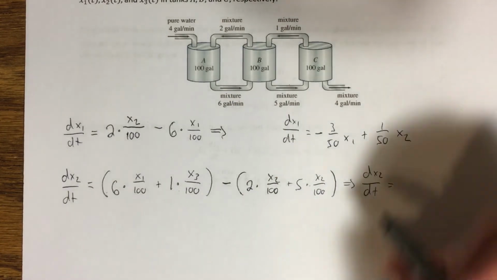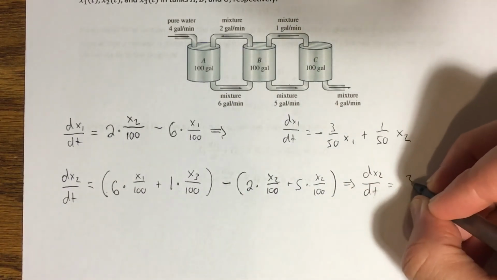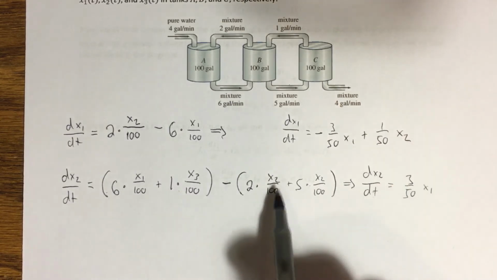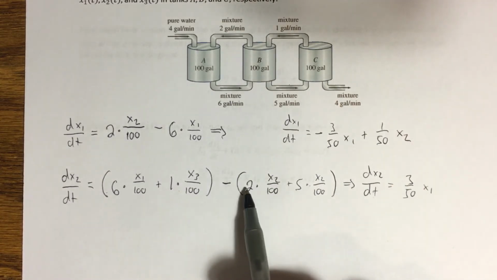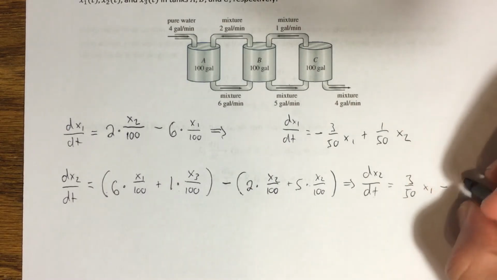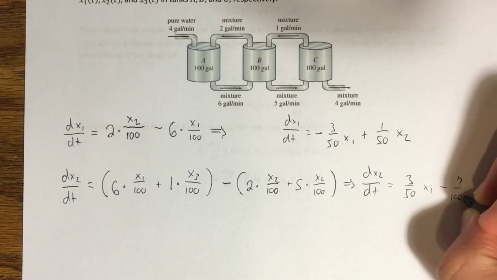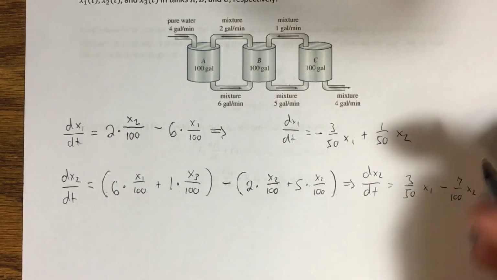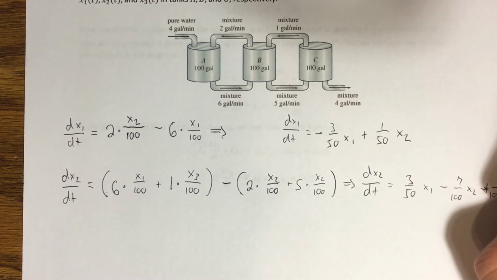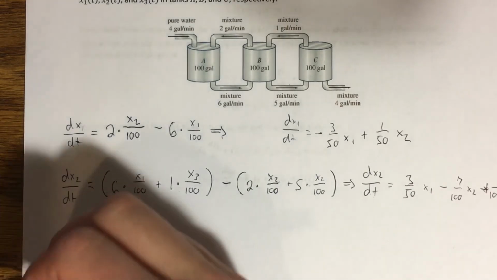Here's my x1 term that becomes 3/50 x1. My x2 terms, if I write that as 7/100 x2, I'm subtracting that. So minus 7/100 x2 plus 1/100 x3. Okay.